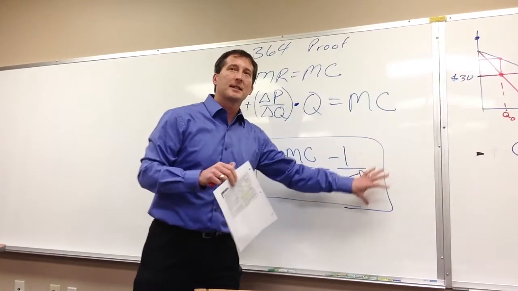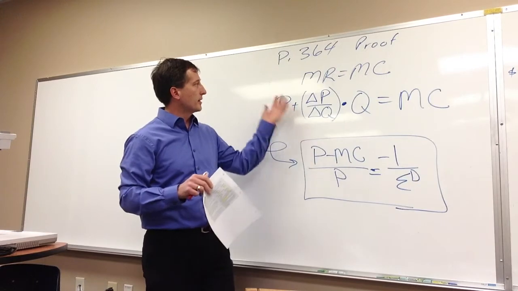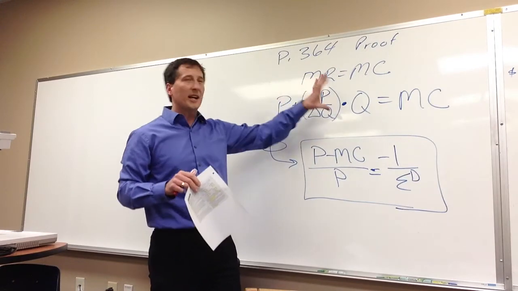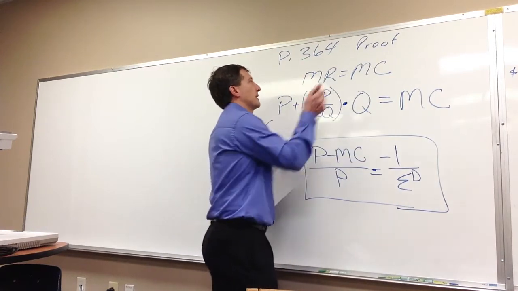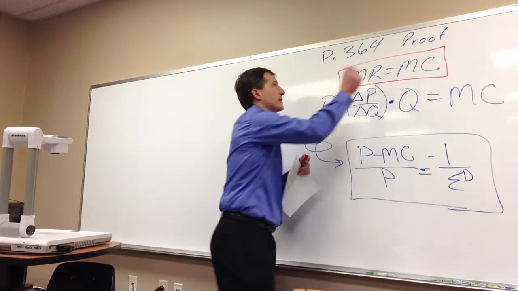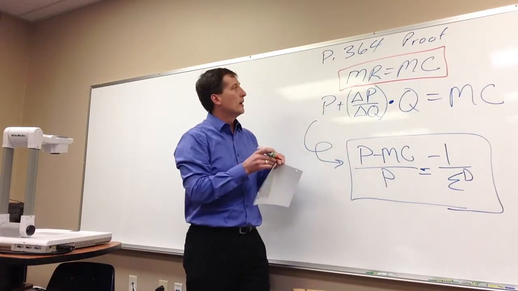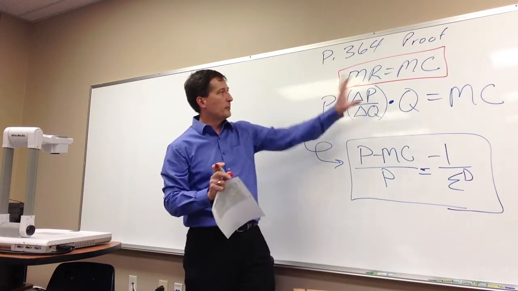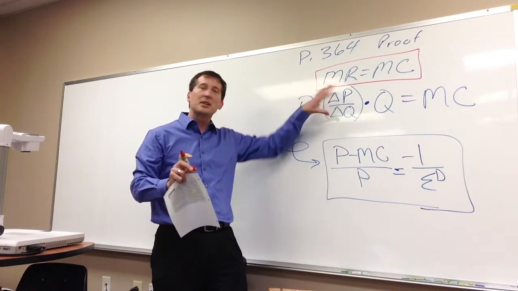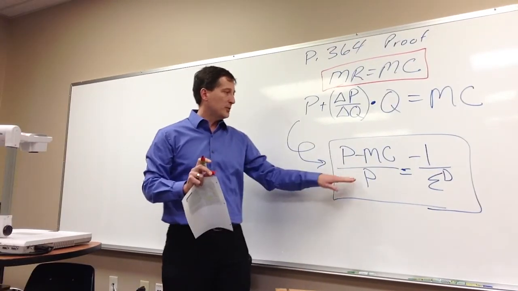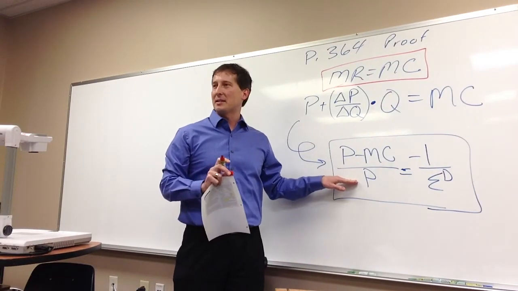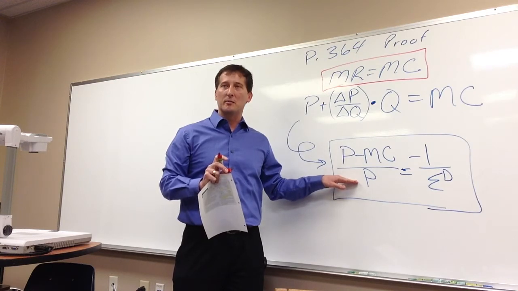So that's how elasticity ties in. So what's been done neat here was there was a mathematical manipulation of the basic profit maximizing condition, MR equals MC, which we all know and love. We just did a little manipulation, all legal manipulations, and was able to derive this concept. And this one you can more easily speak to CEOs, bosses, and owners of businesses with.